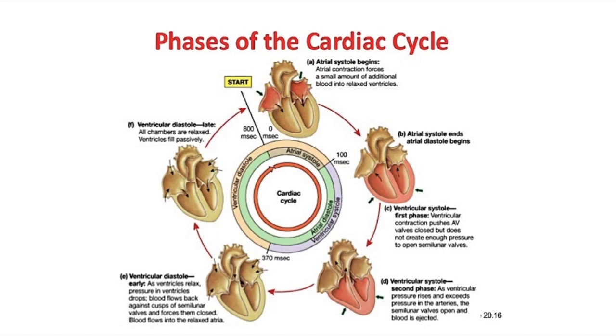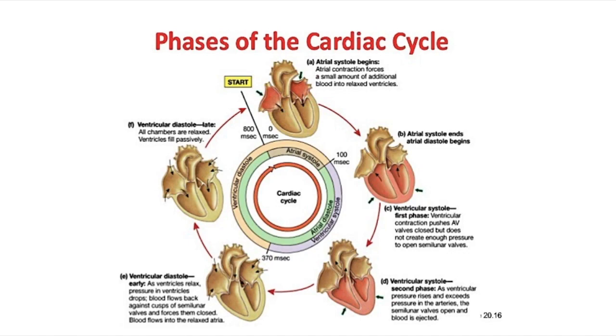So I repeat again that each cardiac cycle consists of three phases: the atrial systole, the ventricular systole, and then the complete cardiac diastole.